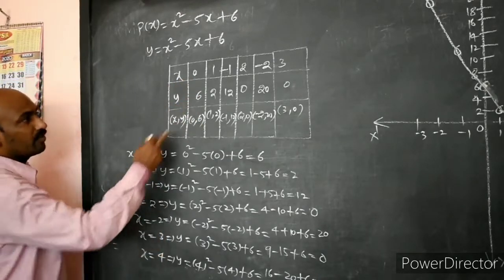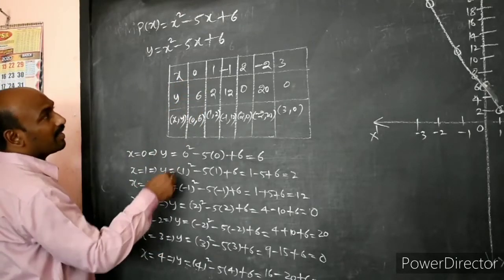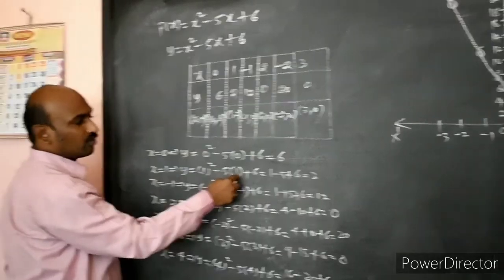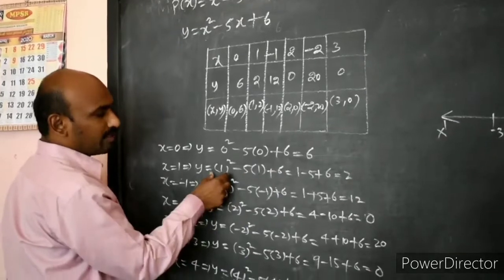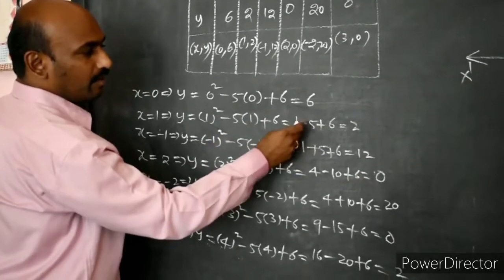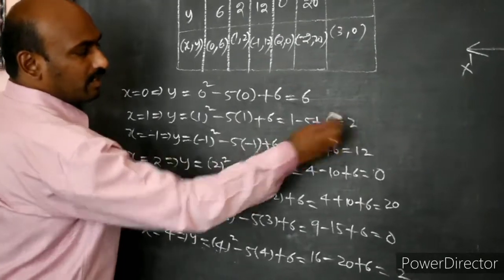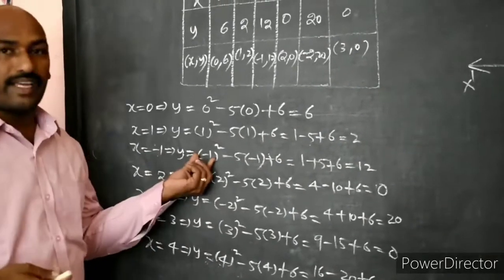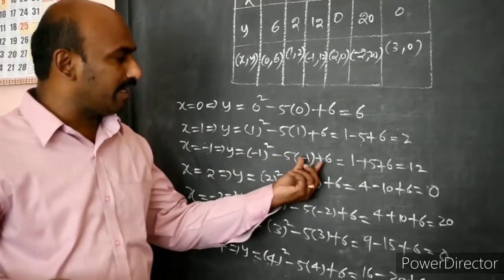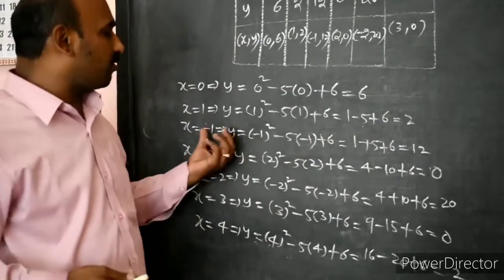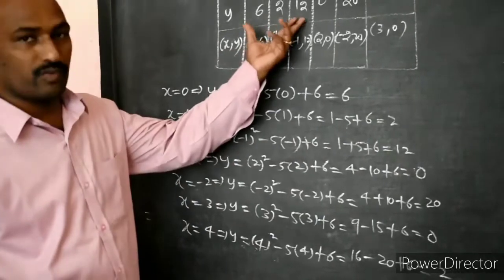And the second one, if you take x value as 1, then replace again in the place of x by 1, then you will get 1 square minus 5 into 1 plus 6. 1 square is 1, minus 5 into 1 is minus 5, plus 6. 1 plus 6 is 7, 7 minus 5 is 2. Then x equal to minus 1: you will get y equal to minus 1 square minus 5 into minus 1 plus 6. 1 plus 5 plus 6 is 12. Like that, x value is minus 1, y value is 12.